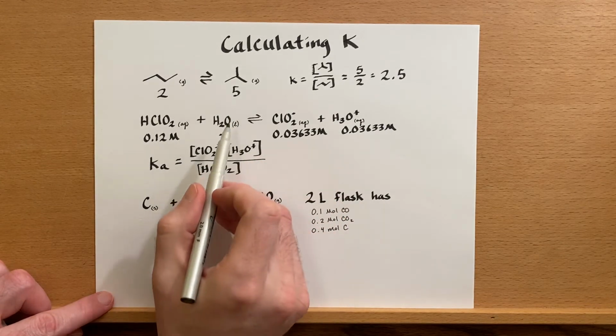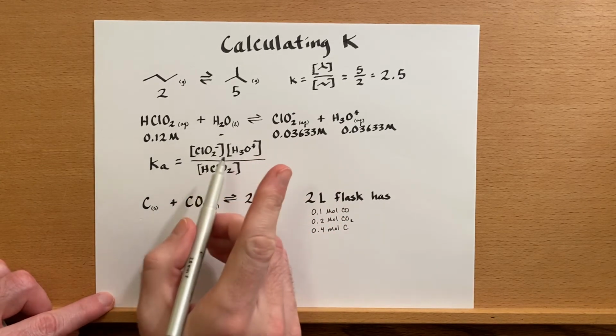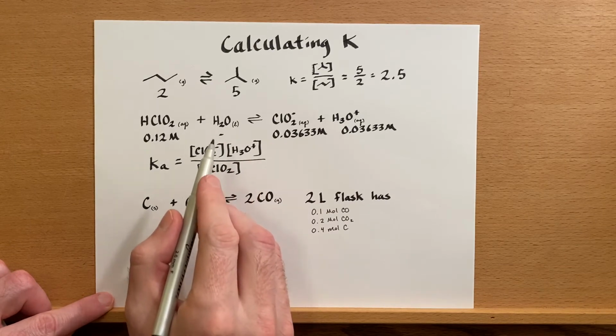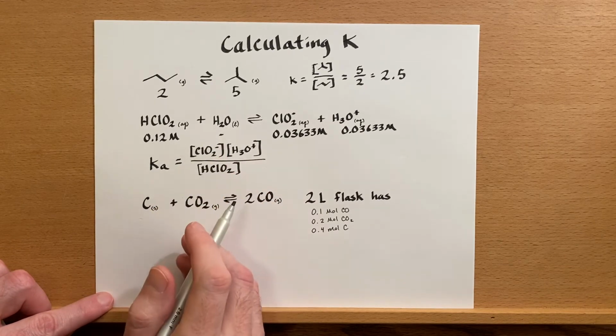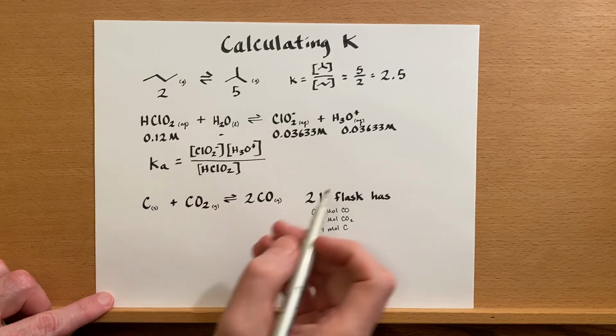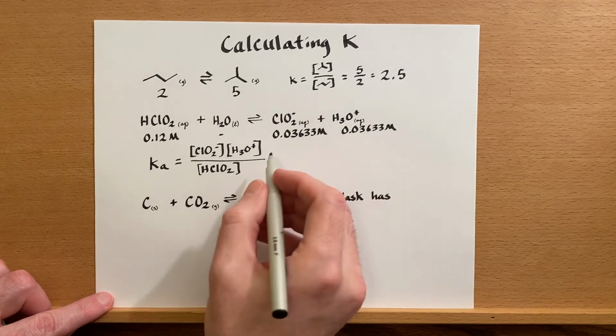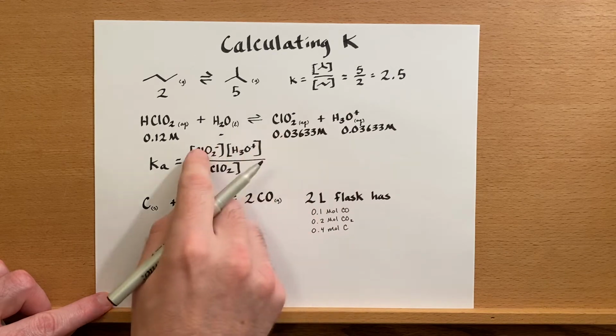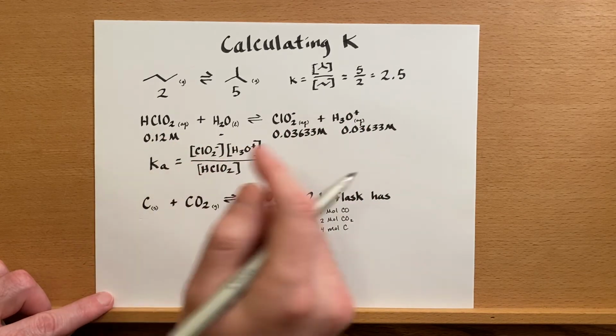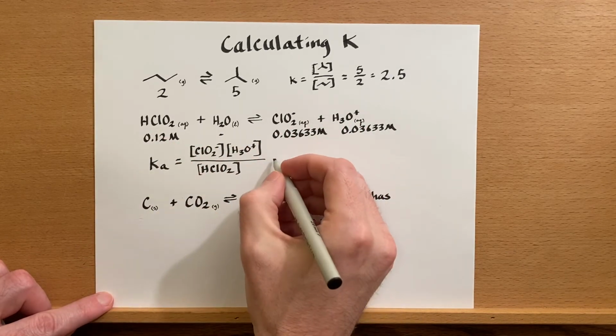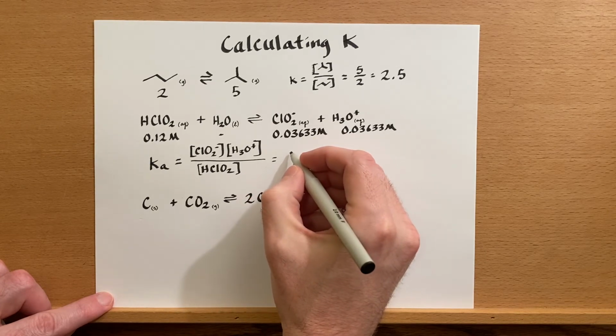Now again, we don't put water in because it is the solvent, and solvents do not go in the equilibrium constant expression. Then we will simply input each of these values into the K expression and then simplify.